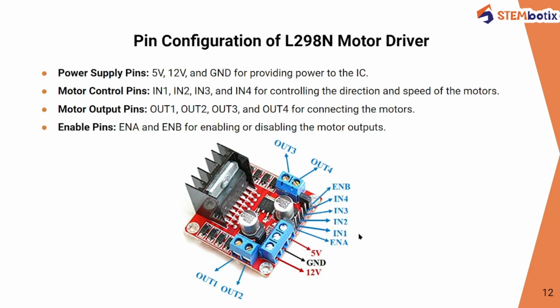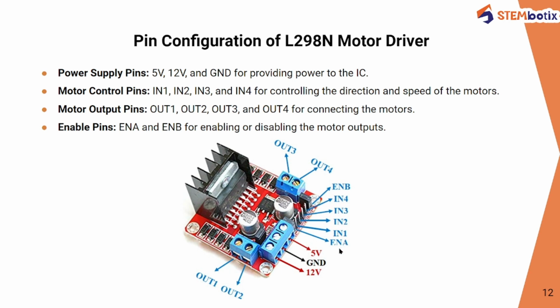If input 1 is at low and input 2 is at high, then the motor will go in the backward direction. And when both input 1 and input 2 are at high, then again the motor will go in off mode. So this is how the direction of the motor will be controlled using IN1, IN2 for motor A and similarly IN3, IN4 for motor B.